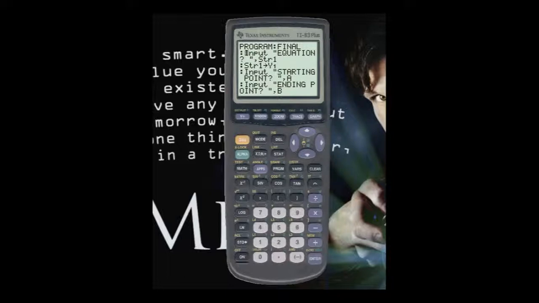Essentially what the program says is you input your specific equation, you're going to store it somewhere, and you're going to input the starting point, store it somewhere, input the ending point, store it somewhere else, and then you're taking the integral of your equation in terms of x from A to B and storing it in C. Then you're displaying your answer C, pausing for a second, and then you're displaying the graph. And that's all the calculator is doing. As you can see, the answer was slightly different from the original that we got in Geometry Sketchpad, but it's extremely close. Now let's look at how we can do this with Lab Pro.